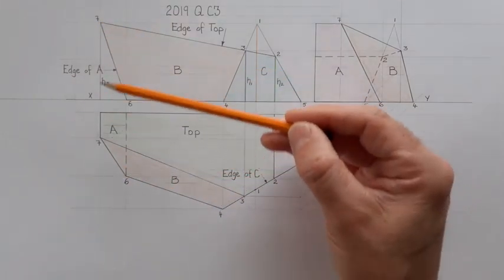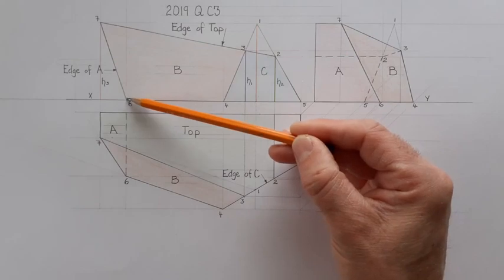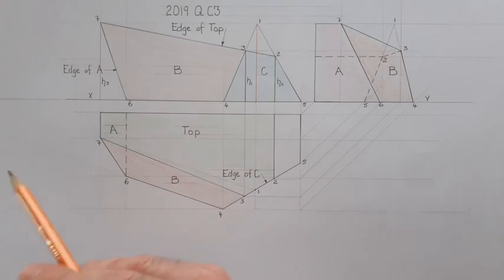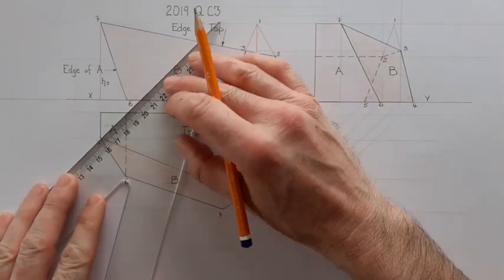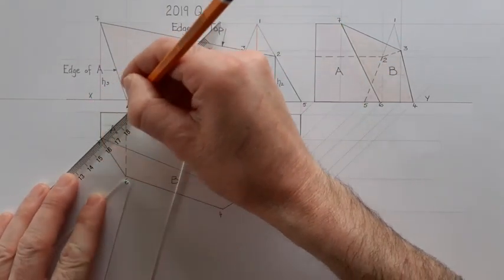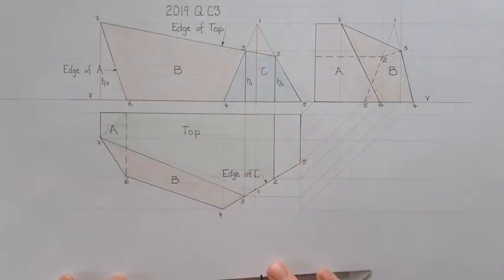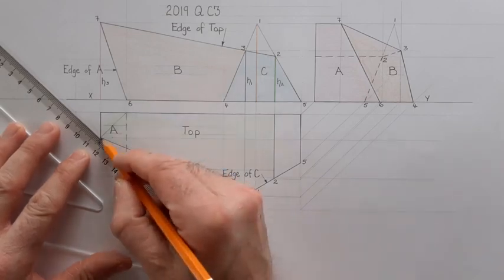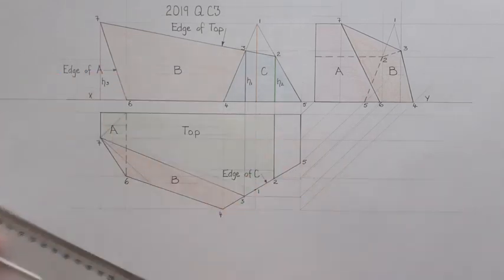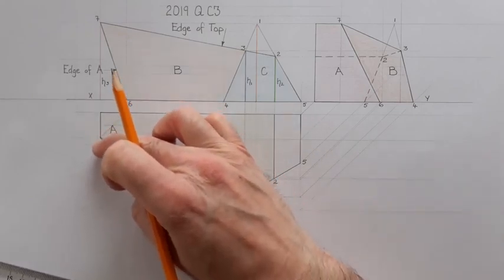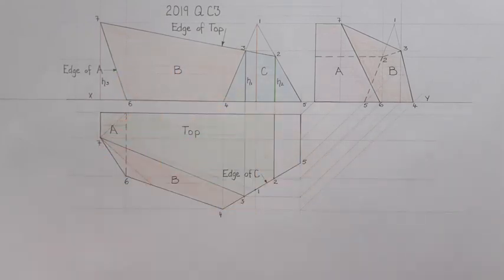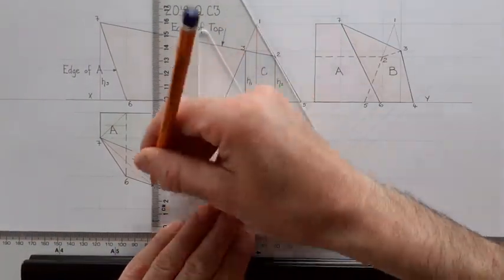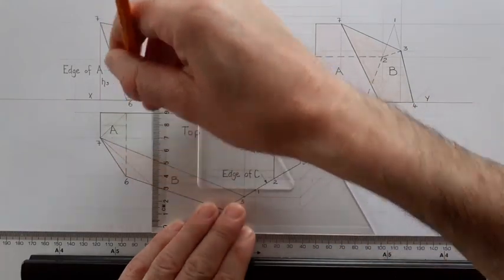The dihedral angle between A and B, I need the line of intersection. So that line of intersection is 7, 6. There it is there. What I would do is go and create a triangular surface on surface A, from 7 down as far as there. And on B maybe from 7 down as far as some random point, we'll say there. There's a triangular surface on surface B. There's one on surface A. In front elevation, I would take that point, bring it back up.